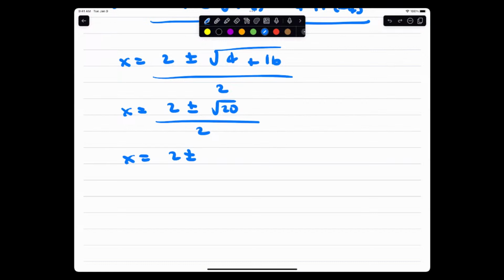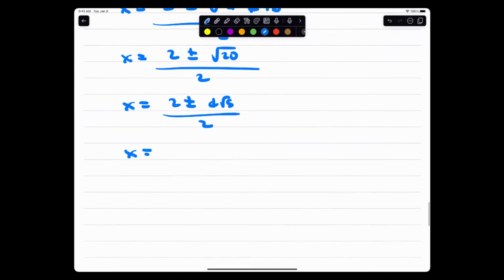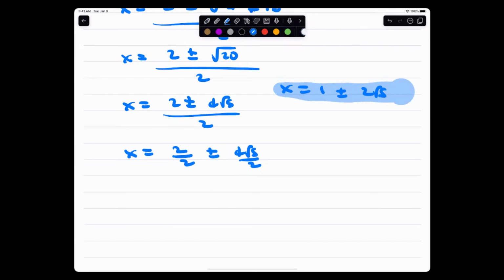Simplify the square root of 20: that's 2 square root of 5. So x will be 1 plus or minus square root of 5. So these are the two critical values.